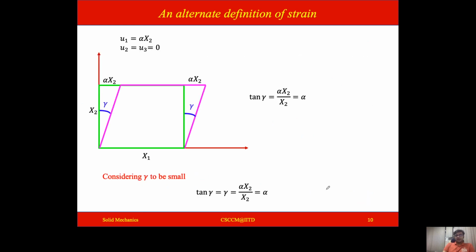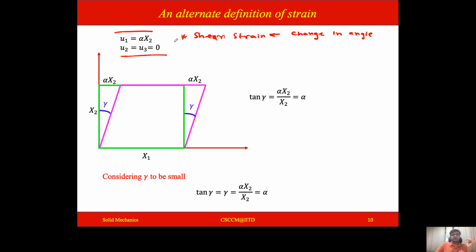And lastly, we talk about an alternate definition of shear strain. We talked about shear strain, and that was defined as change in angle, right? So let us take a special case where U1 is equal to alpha x2, and U2, U3 are equal to 0.